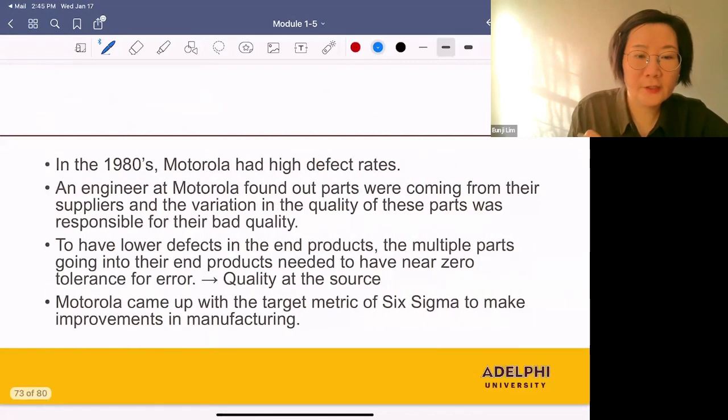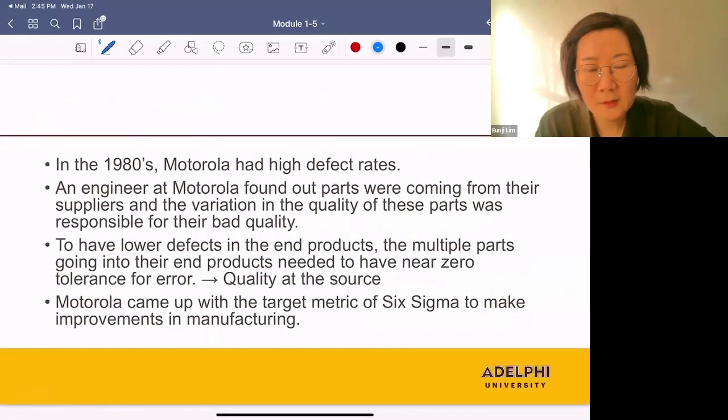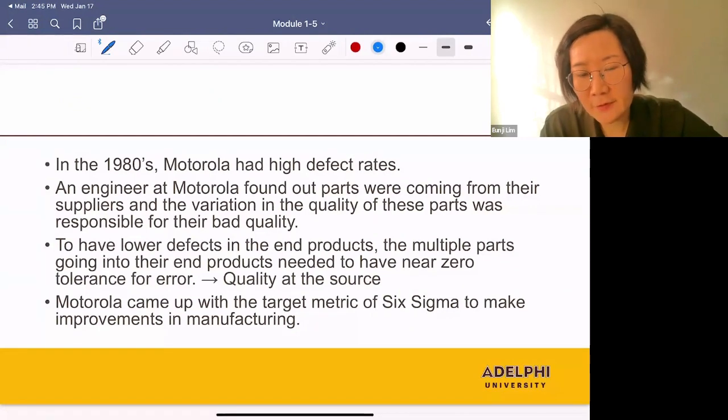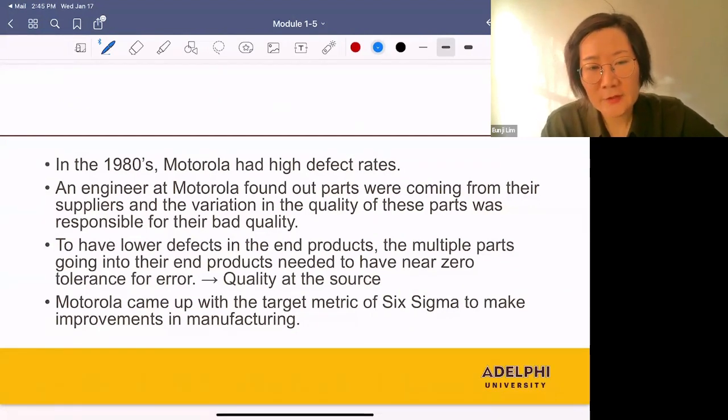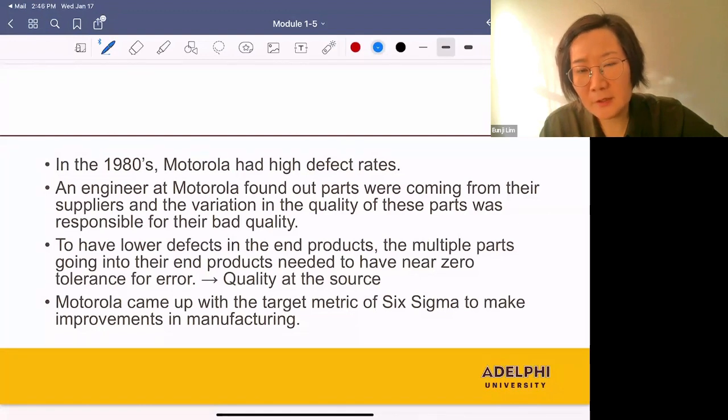So let's look at the origin of Six Sigma. In the early 80s, Motorola had high defect rates. An engineer at Motorola found out that parts were coming from their suppliers, and the variations in the quality of these parts were responsible for the bad quality.